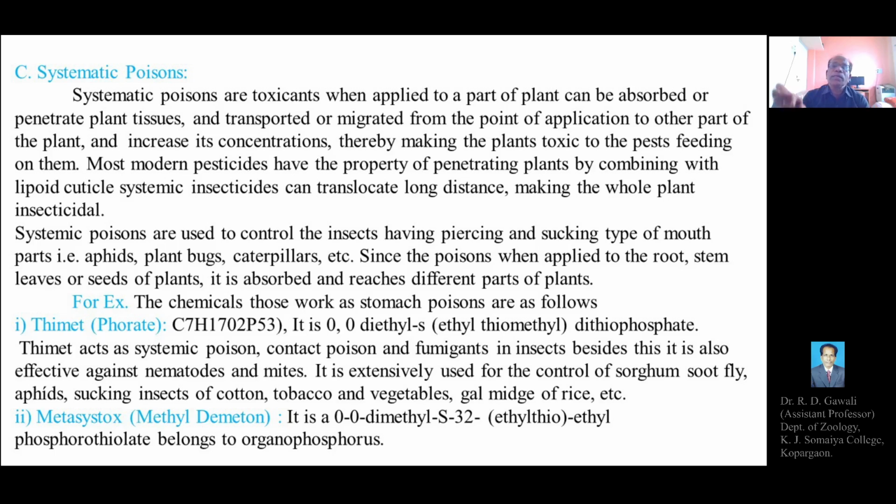And since the poisons, when applied to the root, stem, leaves, or seeds of the plants, are absorbed and reach the different parts of the plants, the plants become phytotoxic.